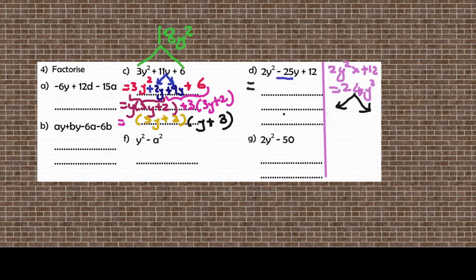What if we write something like negative 2y times negative 12y? Writing two minuses, let's see what happens. What is minus into minus? Minus into minus is a plus.